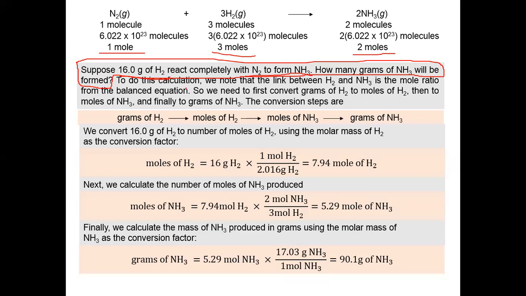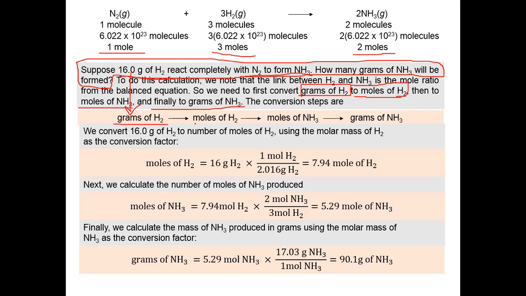So what we need to know is that we first need to convert grams to moles. For example, we can take this kind of approach. We need to convert grams of hydrogen to moles of hydrogen. Once we have moles of hydrogen, we can convert it to moles of ammonia, and finally to grams of ammonia.